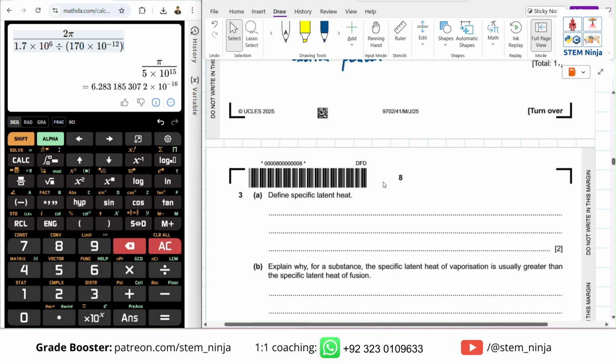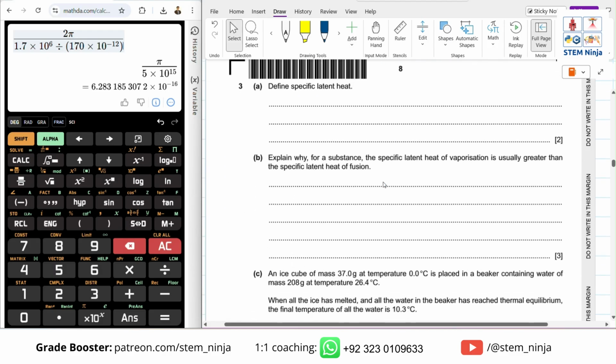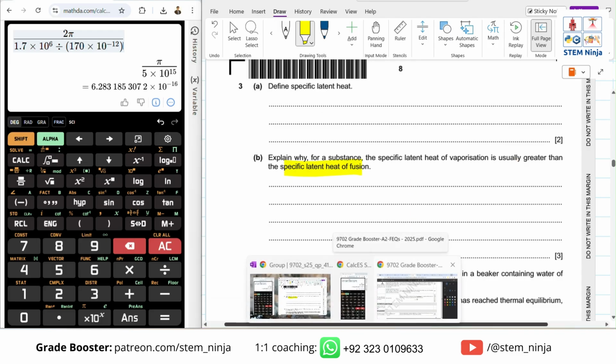Okay, all right, moving on. Define specific latent heat. Okay, and the second question, look at it. Explain why for a substance, the specific latent heat of vaporization is usually greater than the specific latent heat of fusion. Now, again, these two are very frequently examined questions.